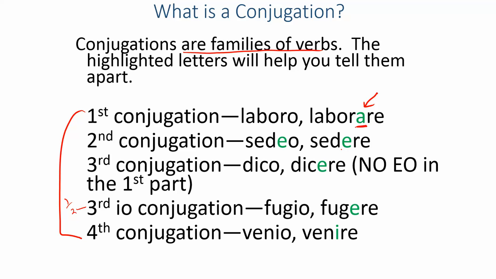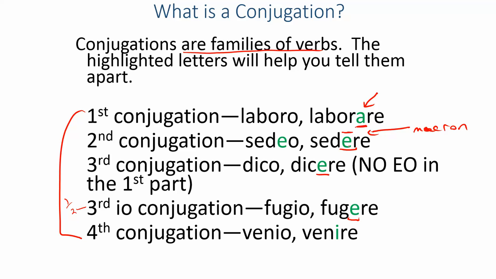All verbs that have E's, though, are not second. Unfortunately, it's not as easy because thirds and third IOs also have E's. But there's a way to tell them apart. Second conjugations have what's called a macron there, and most books and dictionaries will include that. That means it's pronounced sedēre rather than sedere.